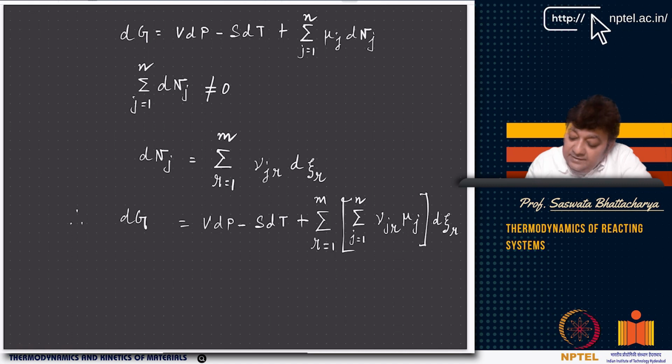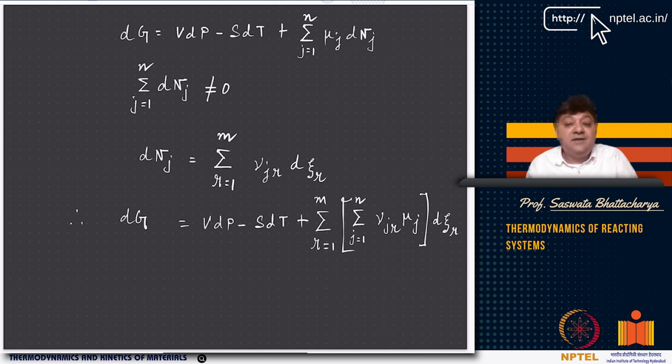The dnj can be substituted as this one. So mu j remains, and this becomes mu j nu jr d epsilon r.